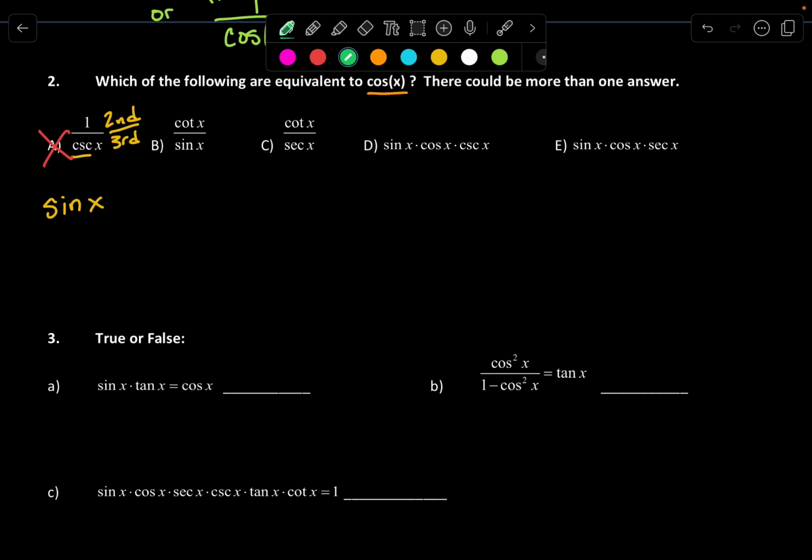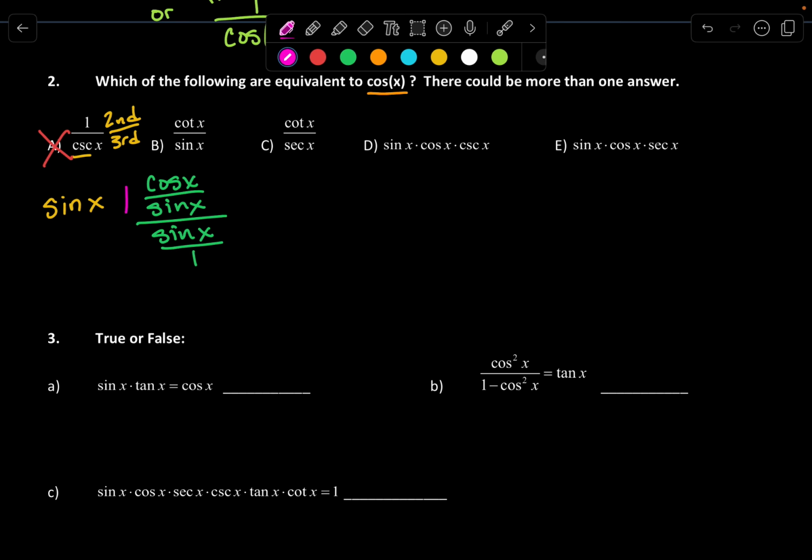B is cotangent x over sine. So what I want to do is take cotangent and rewrite it in terms of sine and cosine. And now I've got a fraction divided by technically a second fraction.